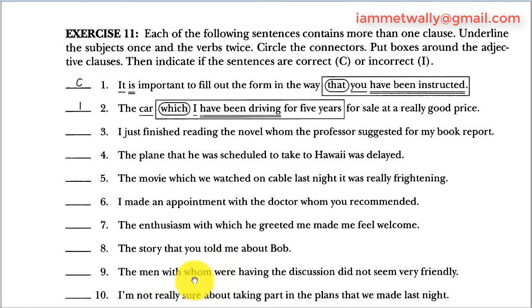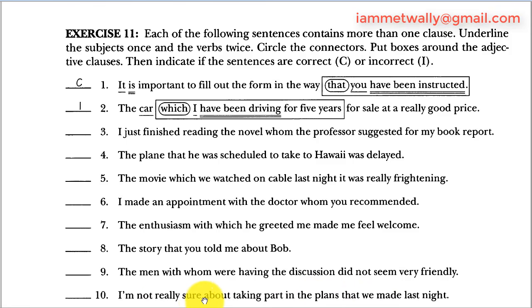So the clause is missing a subject. It should have been like this: The men with whom you were having the discussion didn't seem very friendly. This would work. So I should add a subject after the connector whom for the verb we're having. 9 is incorrect.